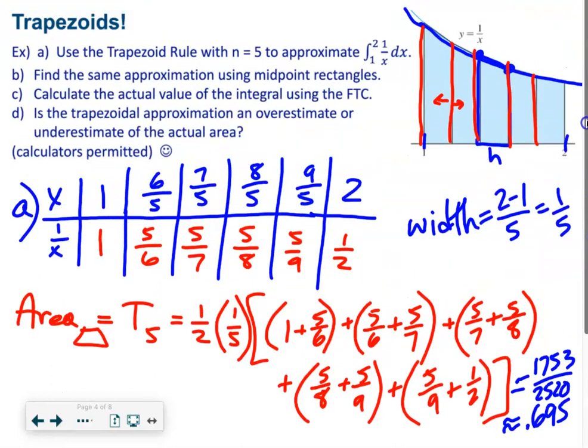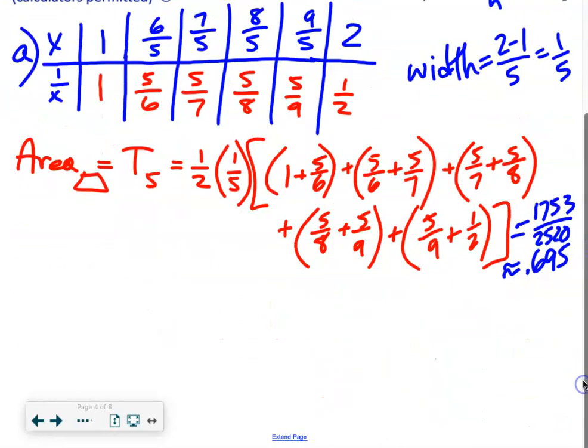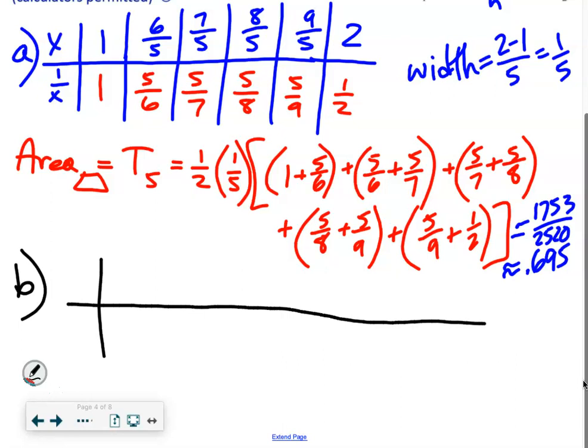So, doing the exact same region now with midpoint rectangles. Find the same approximation using 5 midpoint rectangles. Here's the thing about midpoint rectangles: you still need to use a table. I'm going to make a giant table.